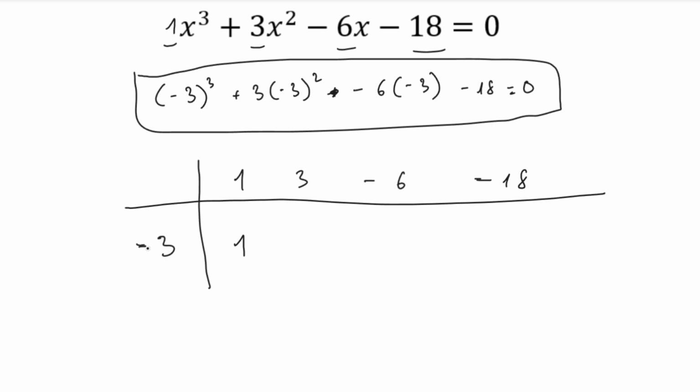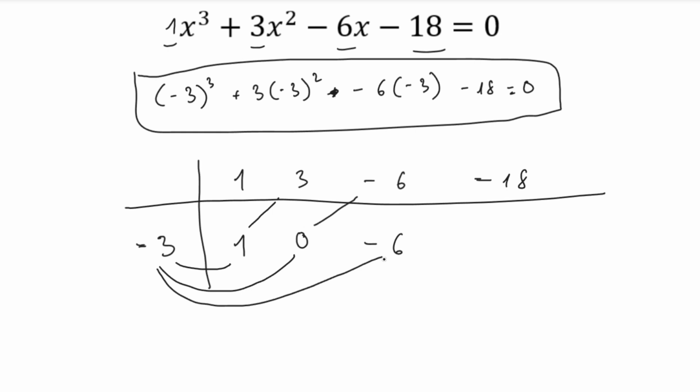And then we multiply and add it up. Remember that. So -3 multiply 1 and add 3 is 0. Beautiful. Then -3 multiply 0 and add -6: -3 multiply 0 is 0, and add -6 is -6.